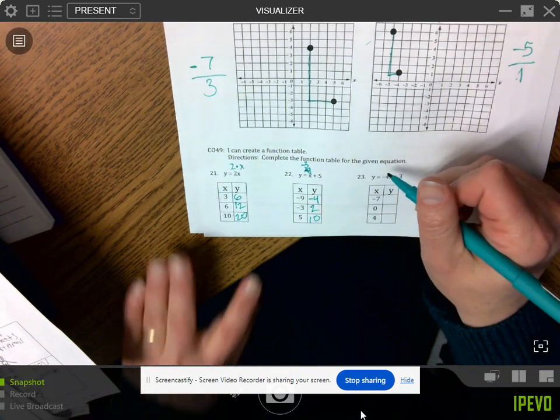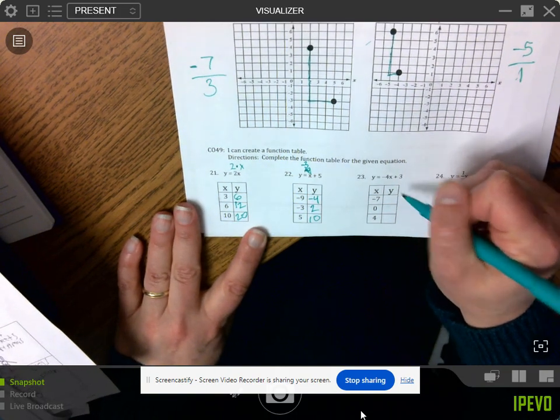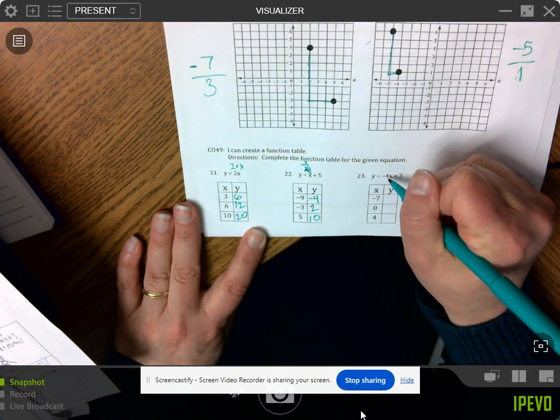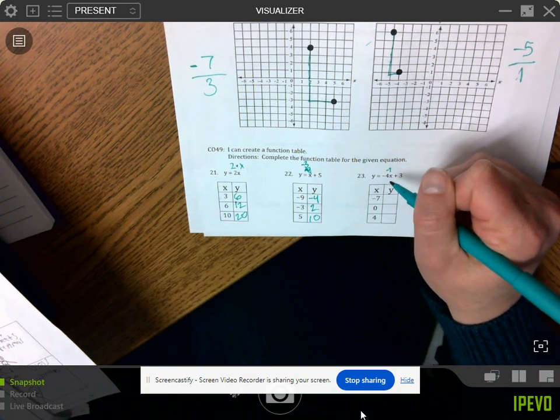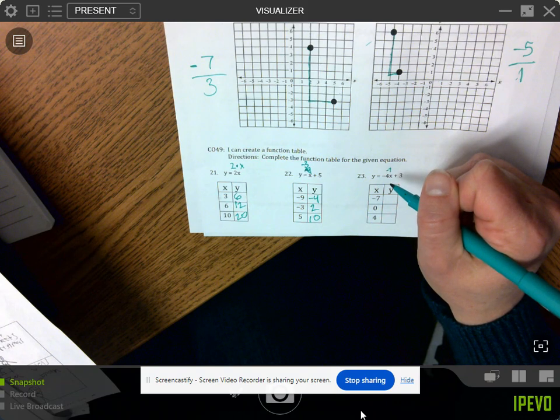For number 23, we had 2 different operations we had to do. First, we had to do that multiplying. So we have -4 times -7. What is -4 times -7? Who knows? What's -4 times -7? Ruby. You jumped to the answer.